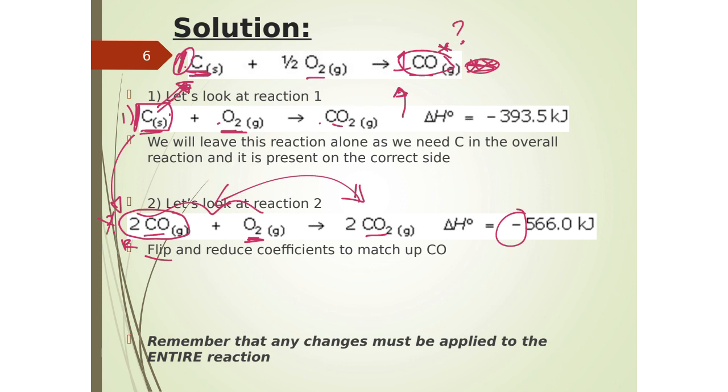This particular sub-reaction is telling me it's exothermic. If I flip it around, it's going to be endothermic, so I've got to change the sign on it. I also can scale up or scale down the coefficients. I don't want to have 2 moles of carbon monoxide, so I'm going to divide the whole thing by a factor of 2 so that I match up the coefficient over here to get a value of 1.